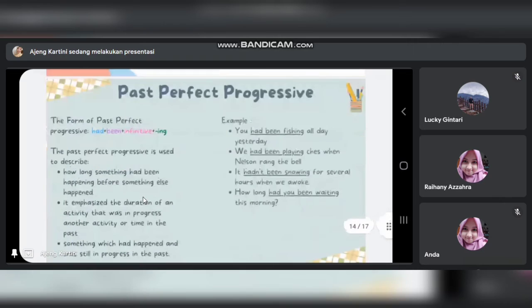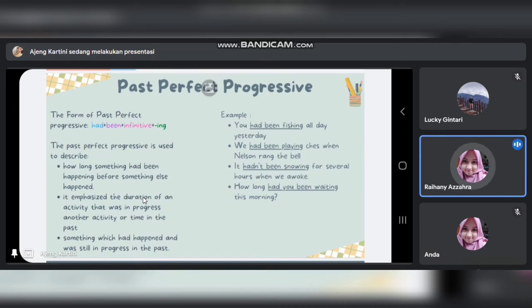Okay. And the last tense is past perfect progressive. The form of past perfect progressive is had plus been plus infinitive plus ing.